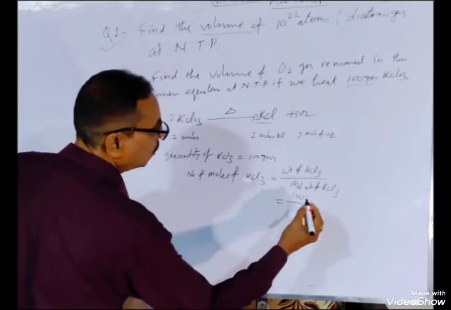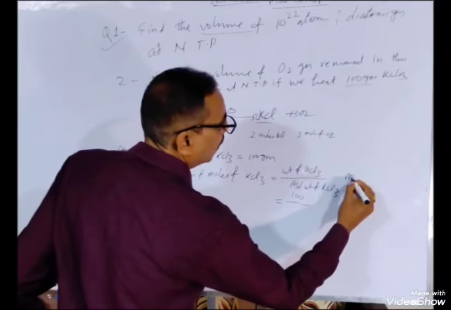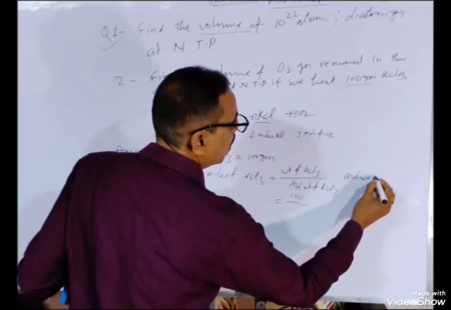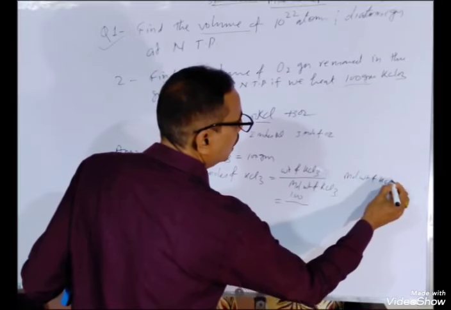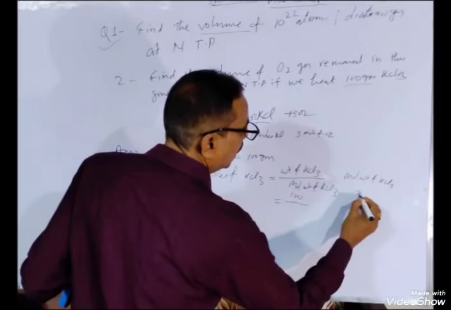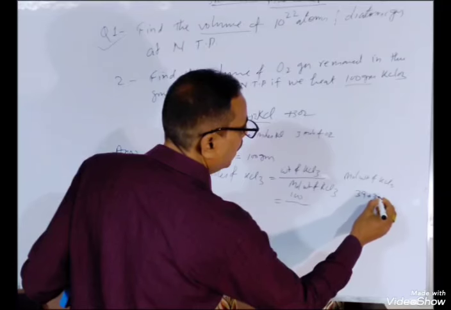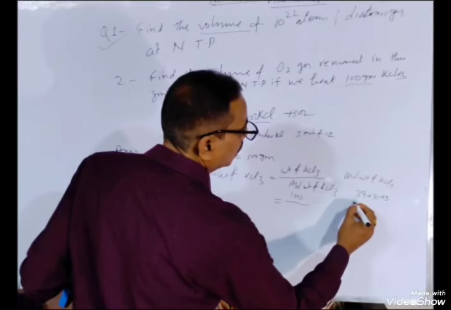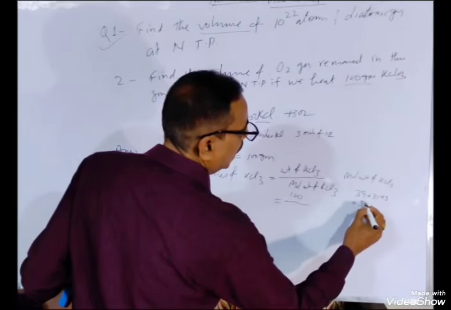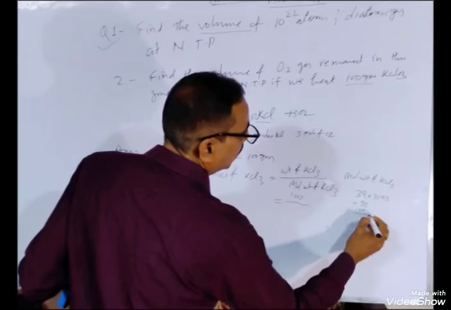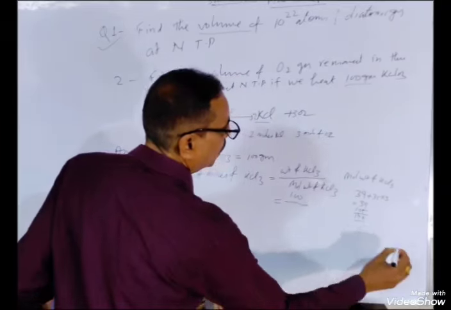So here the molecular weight of KClO3: K is 39 plus 35 into 3, that is 39 and 105, that is 144.